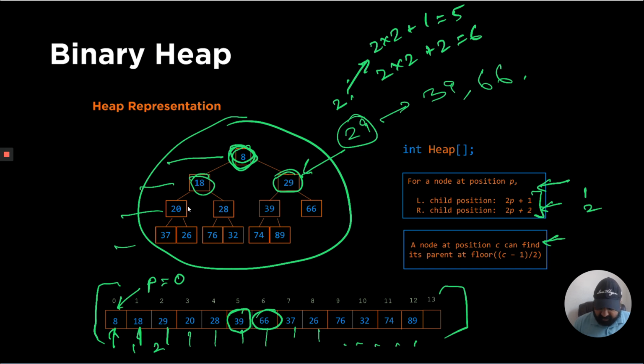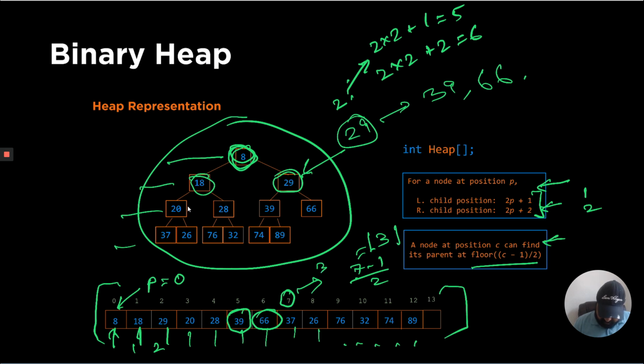Also, you can find the parent. If you have a position, let's call it 7, at position 7 we have this number 37. If you want to find out the parent of 37, you can just use this formula, which is floor of (c minus 1) divided by 2. In this case, c is 7, so it will be 7 minus 1 divided by 2, which is 3. And floor of 3 is 3 itself.